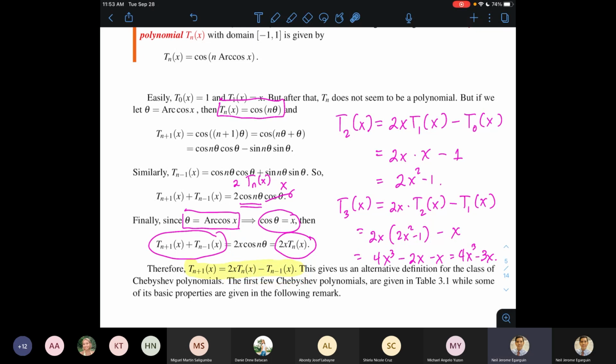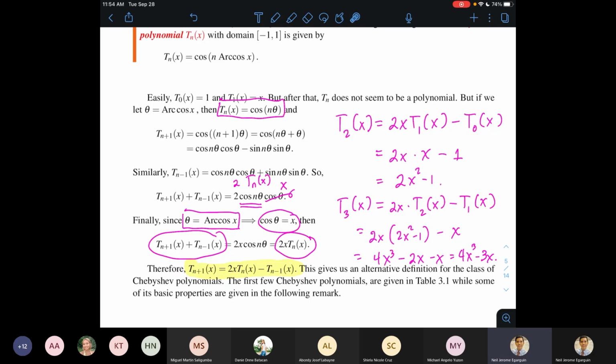Tapos alam natin na t sub n plus 1 is indeed 1 degree higher than t sub n, because here we have degree n, tapos may multiplier na x, so nadagdagan ng isa yung degree niya, naging degree n plus 1 ito. Ito ay degree n minus 1, so hindi pwedeng makancel yung x to the n plus 1 dito. So ibig sabihin, indeed, t sub n plus 1 is of degree n plus 1.